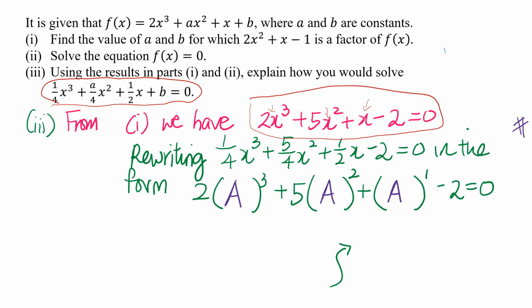So I'm replacing x in this cubic equation with the letter a, and I'll end up getting 2a cubed plus 5a squared plus a minus 2 equals 0.